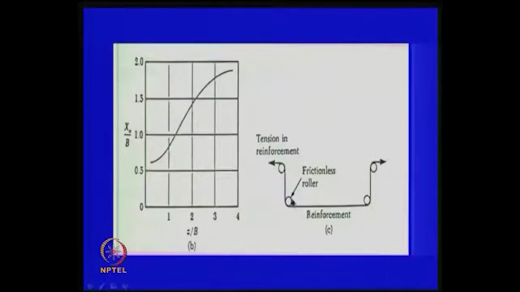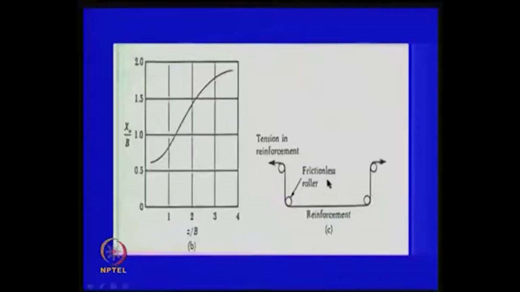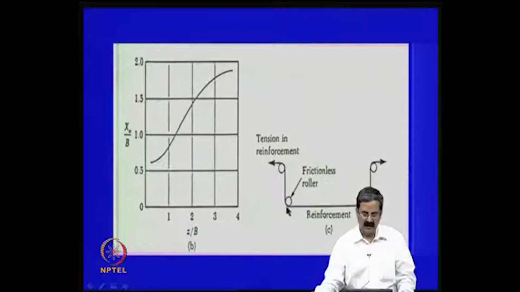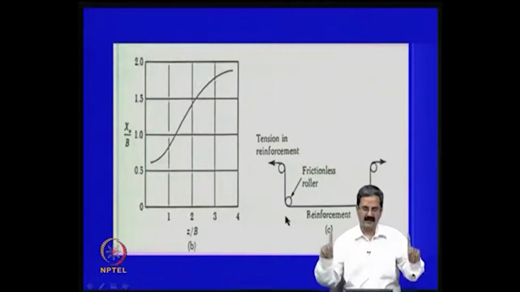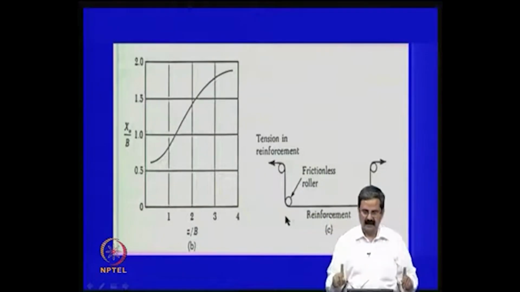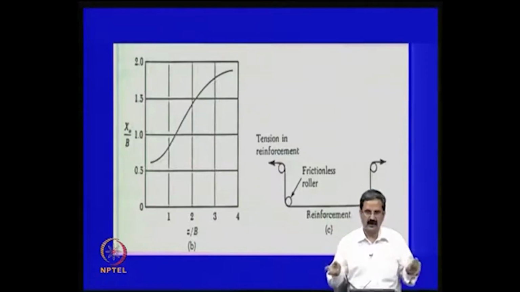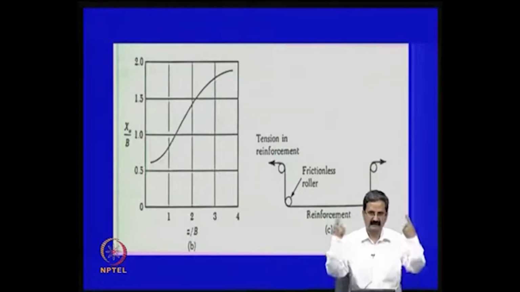at the point x naught, it behaves, say for example, like there is a kink there. So, for the reinforcement, we assume that at that point x naught there is a frictionless roller, and what it means is that there is a load acting here, and the moment I assume that there is a roller here, tensile force will act like this.